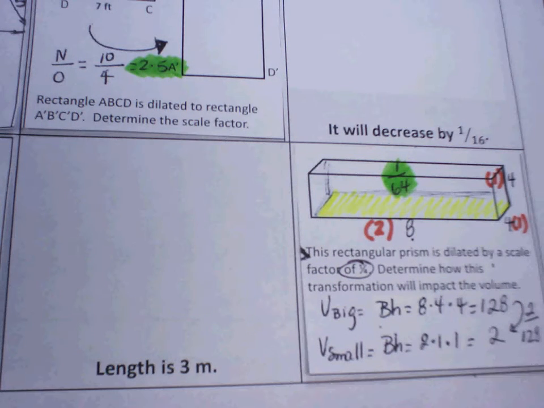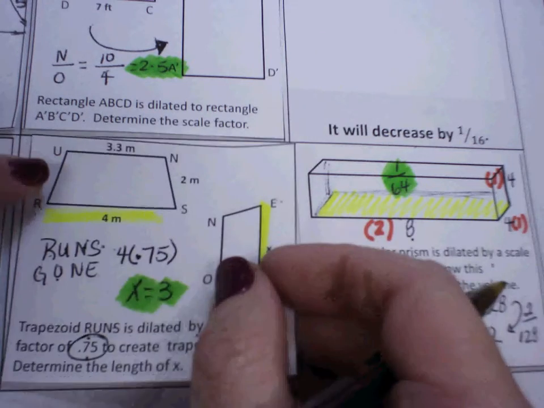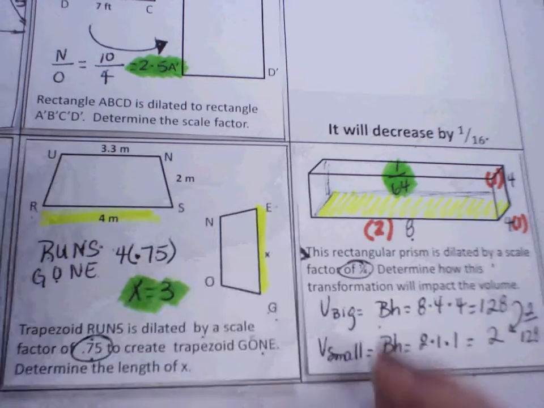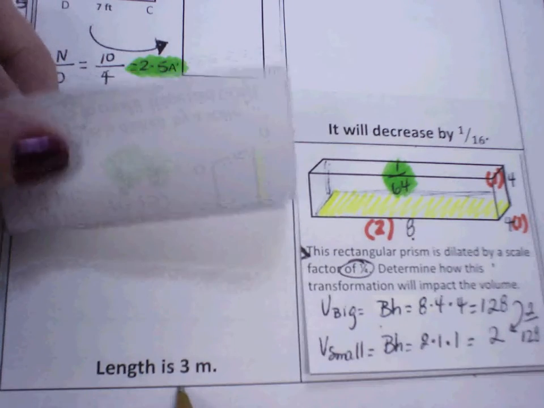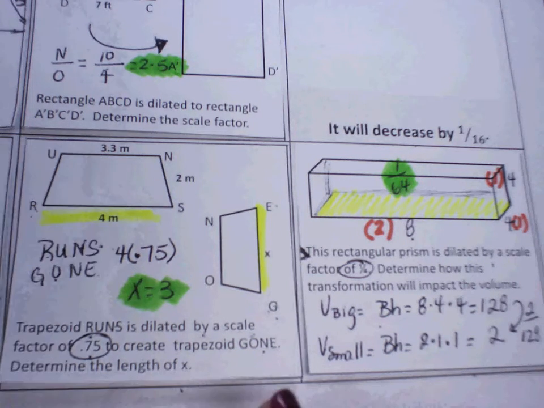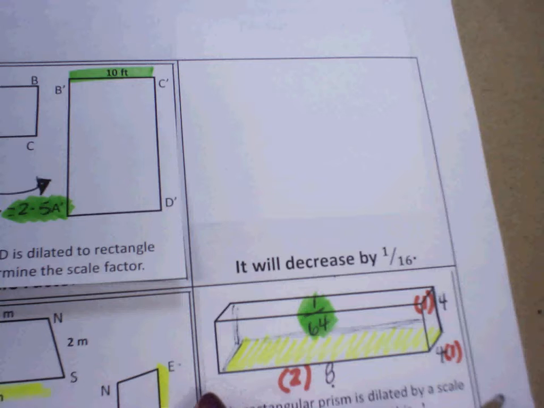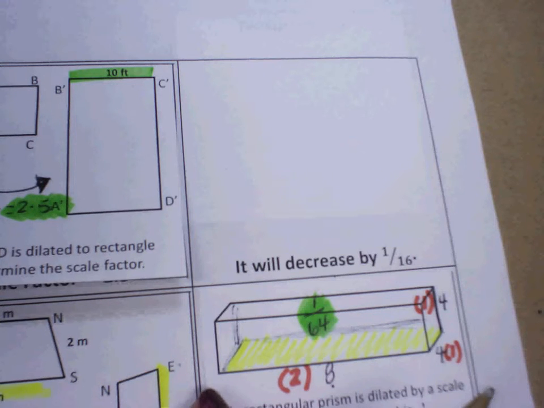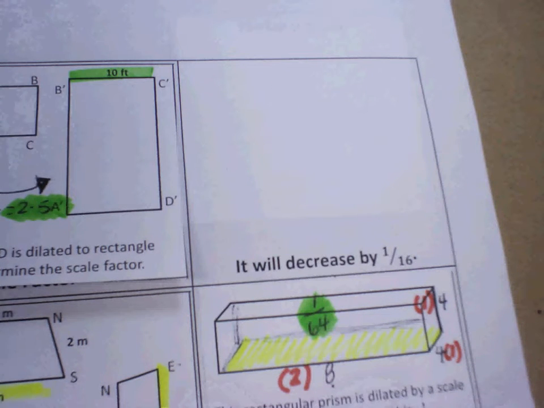Do you see it in the back, guys? Yeah, the length is 3, so this goes there. Right here. That goes there. 3.